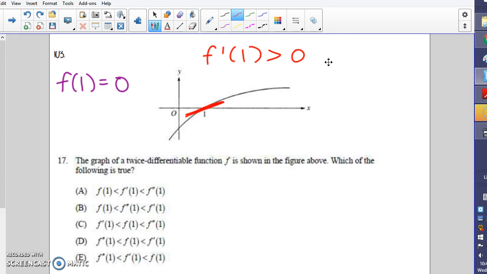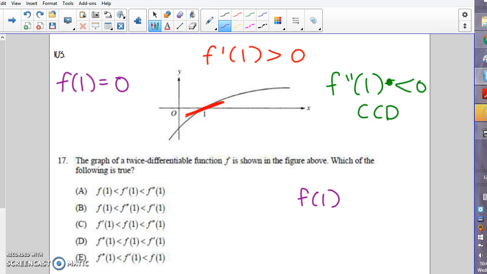That's a positive slope. And then the next thing I looked at was concavity, which is your double prime. So concavity at 1 is going to be concave down, which means that is less than 0. What I pieced together was, okay, this one is 0, so it's my middle one. This one is negative, so this one is positive.